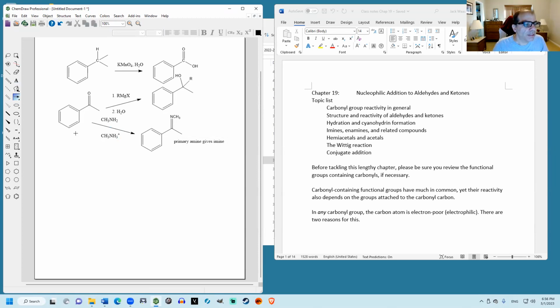We said that addition of a secondary amine will give you the enamine as long as there's at least one alpha proton.